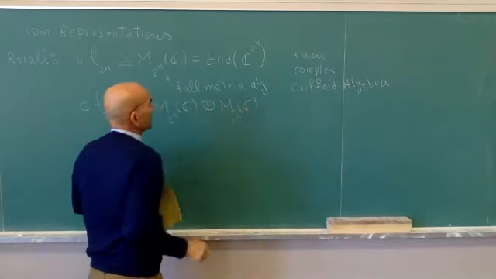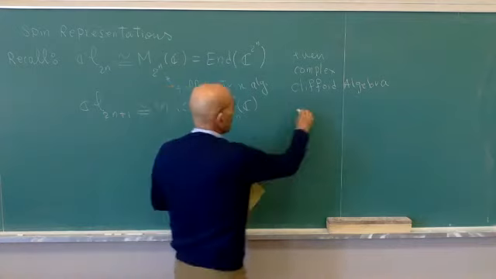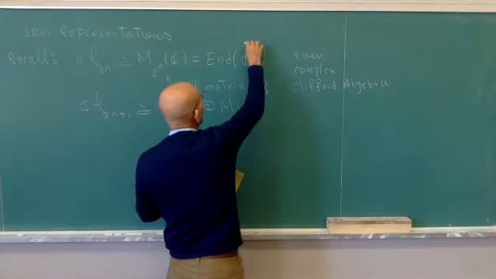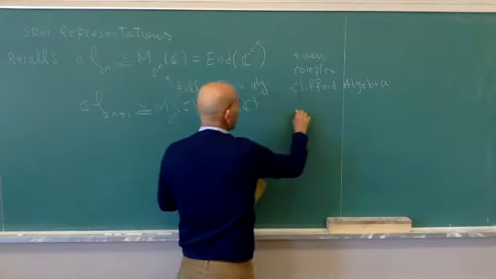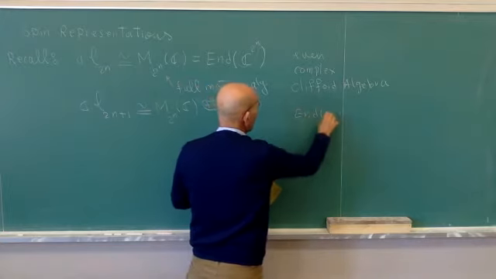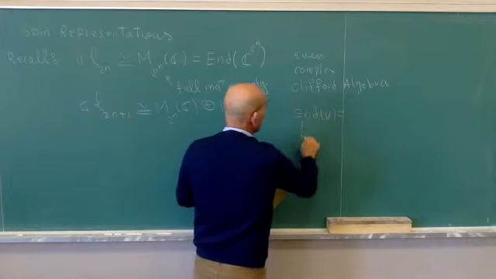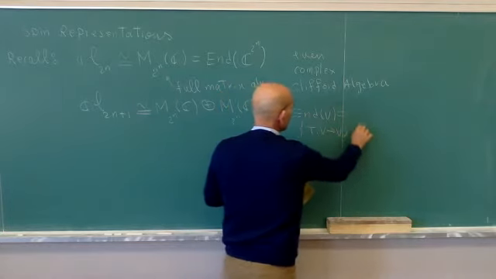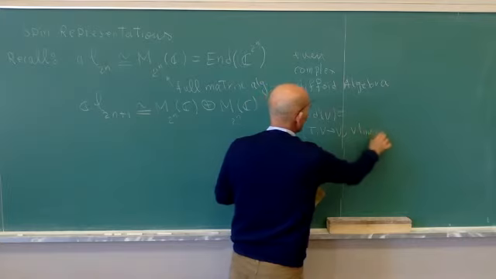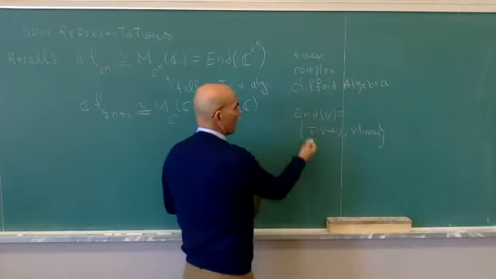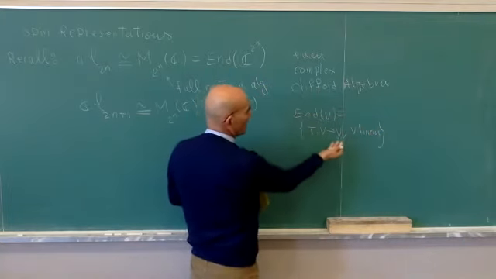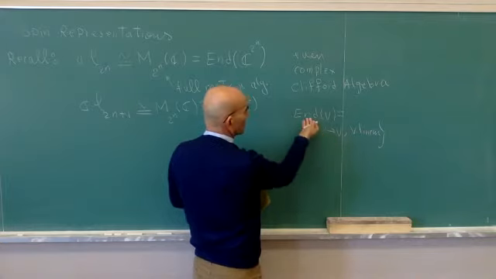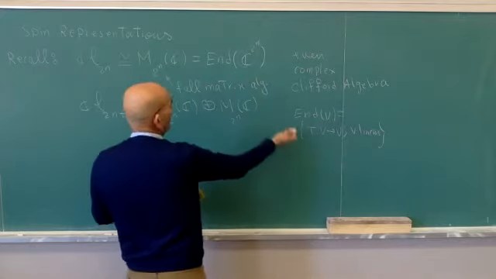Now, this endomorphism, I suppose you are familiar with the notation of endomorphisms. If you have a vector space V here, the endomorphism of V is the set of all linear maps from V to V. With matrix multiplication, addition, and scalar multiplication, this is an associative unital algebra of matrices.